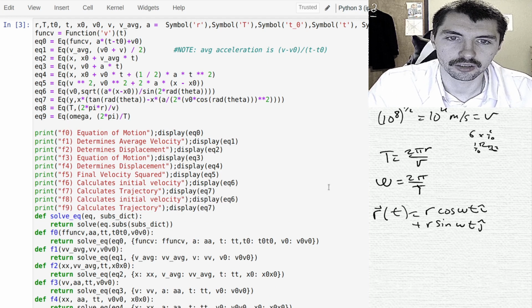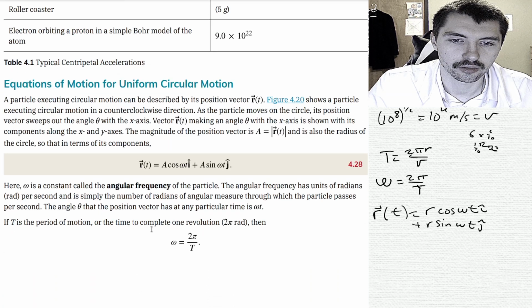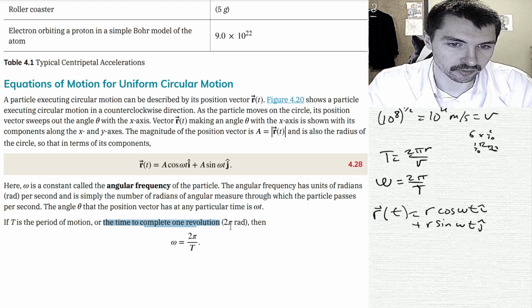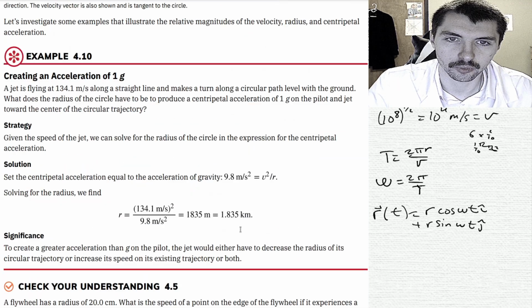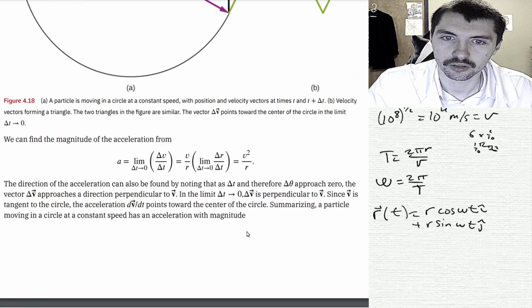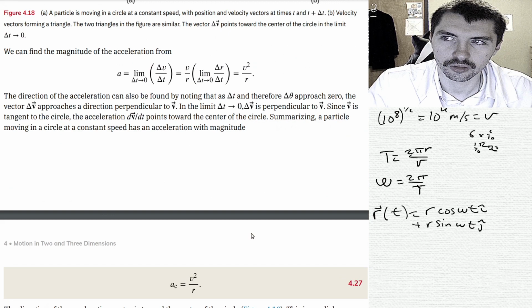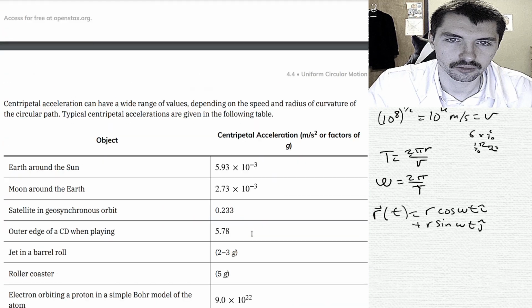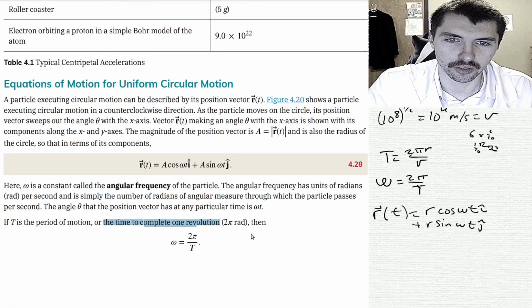So what do we want to call this? Time to complete one revolution. Okay. We don't want that yet. I'm just wondering why they introduced these in a weird order.